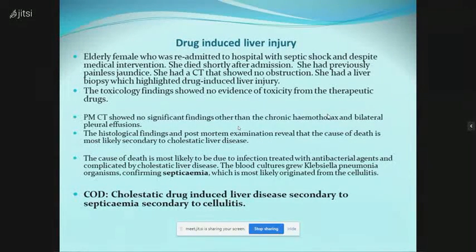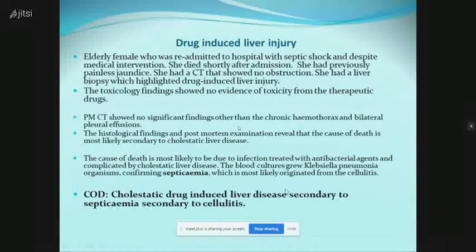And here is an example of a person who had septic shock and was given antibiotics, and at postmortem CT we didn't find anything significant, but histology examination showed evidence of drug-induced injury.